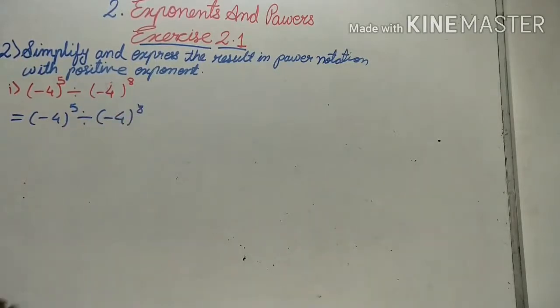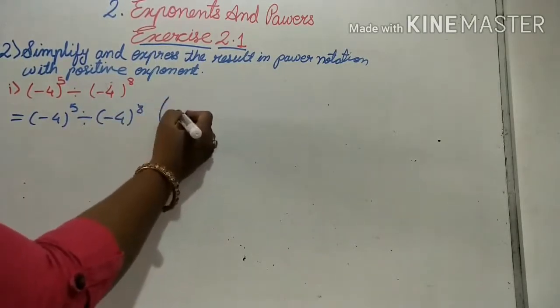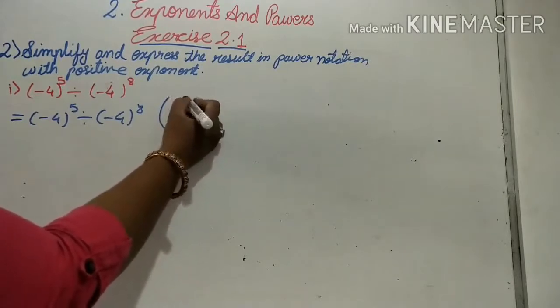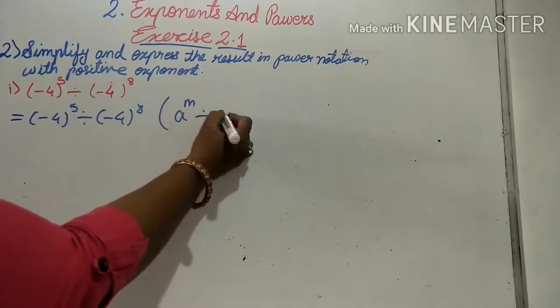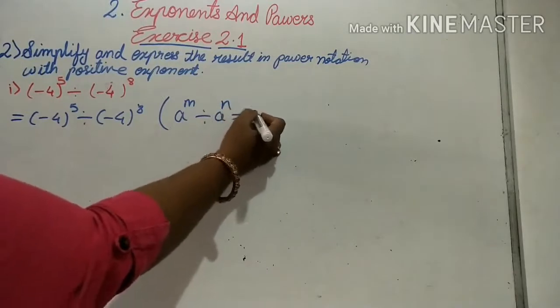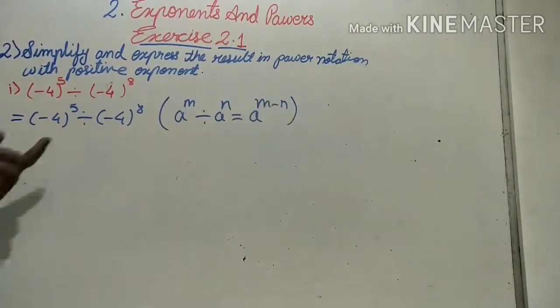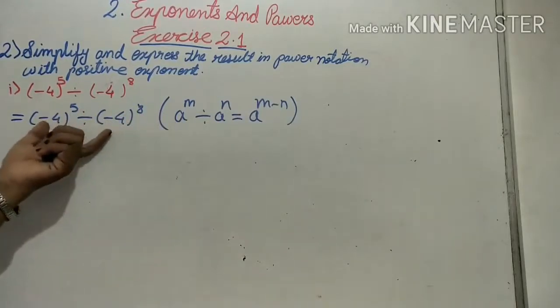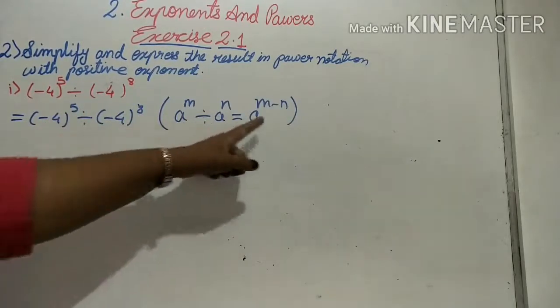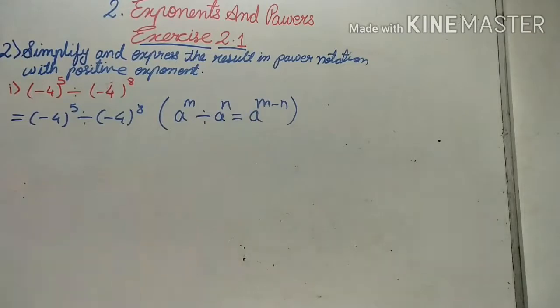Here we have to use the law a raised to m divided by a raised to n is equal to a raised to m minus n. If bases are equal, division means we have to subtract the powers.